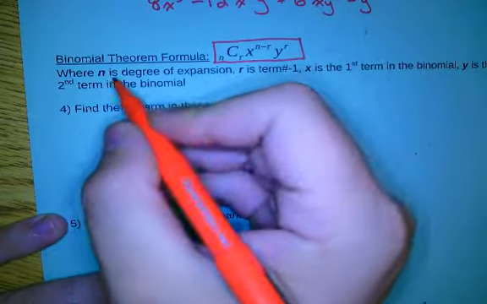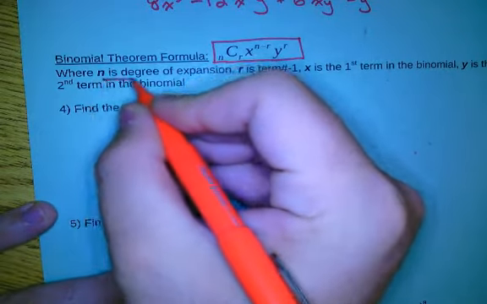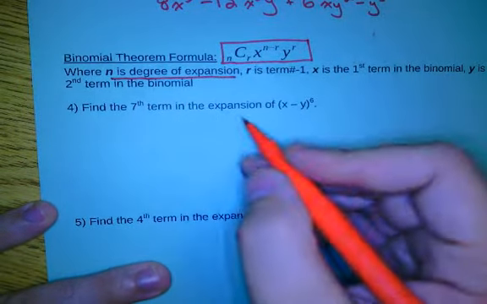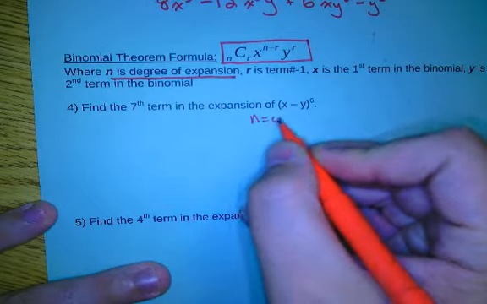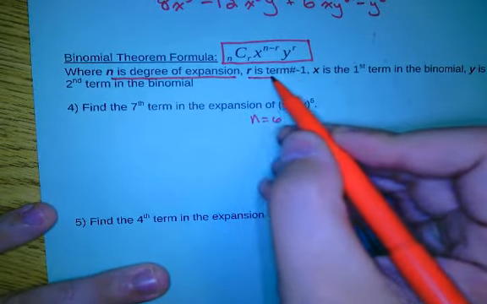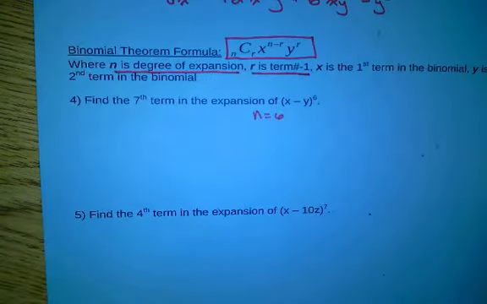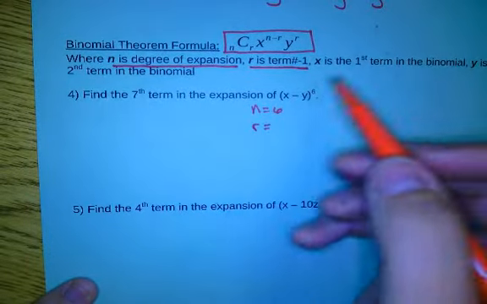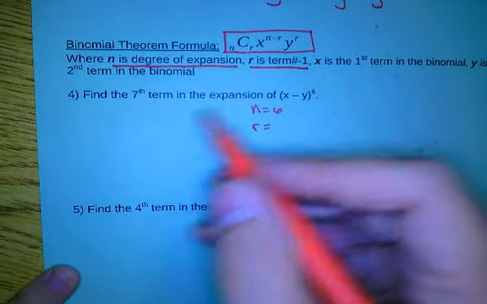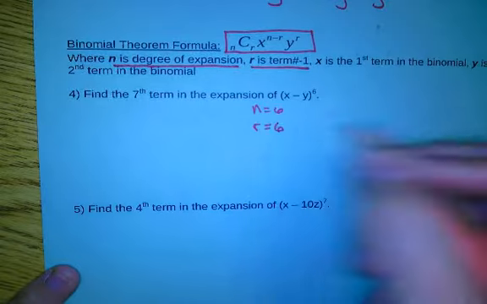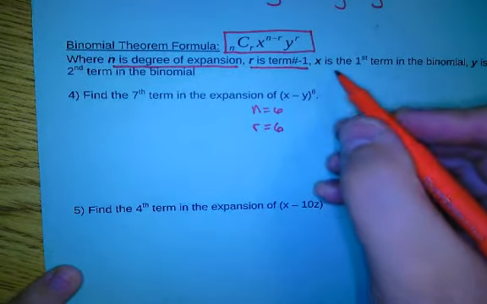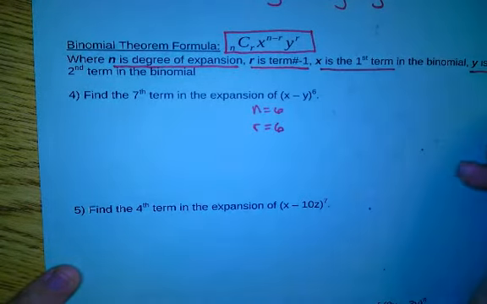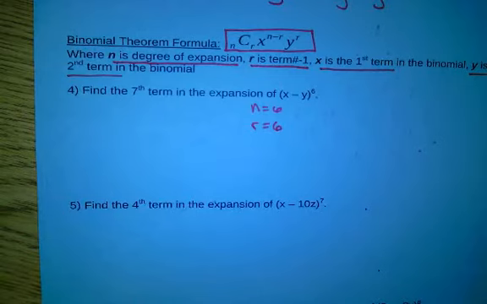Let's talk about it. So, it says right here, n is the degree of the expansion. So in this case, what's n? r is the term number minus 1. Well, it'd be 6 because it's the term number 7 minus 1. x is the first term. y is the second term.